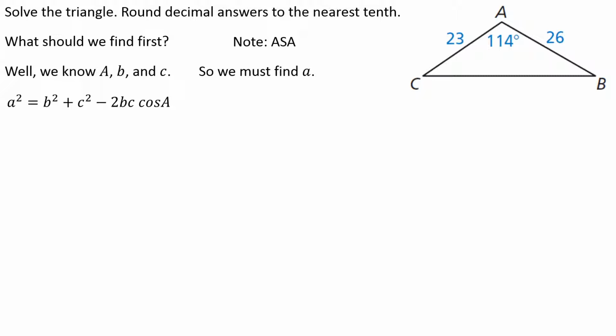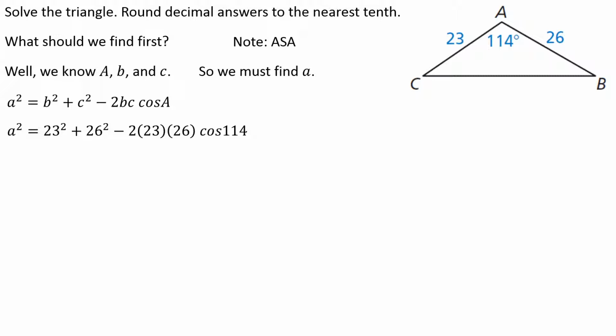Because that way I've got an equation where the only value I don't know is lowercase a. I know lowercase b, I know lowercase c, I know capital A. If I tried to use one of the other forms of the equation, I would have 2 unknown values. I can't solve the equation if there's more than one unknown value.